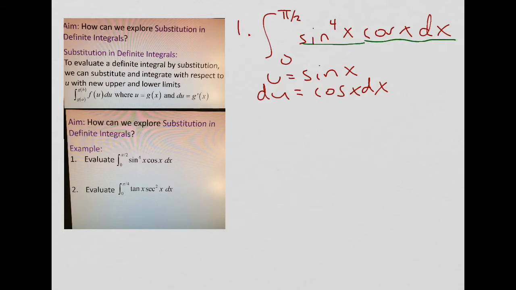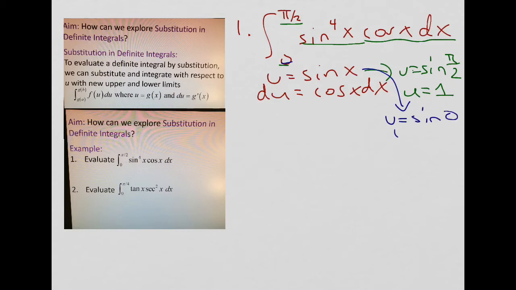But what else we're going to do is plug in pi over 2 and 0 into our expression for u. When pi over 2 is plugged in, we get a value of u to be 1. And when we do it again for 0, we get a value of u to be 0.